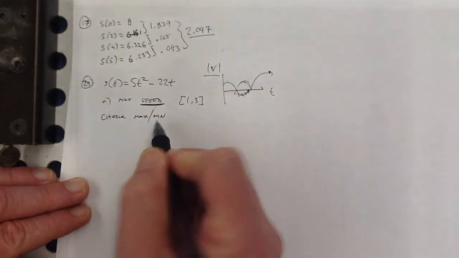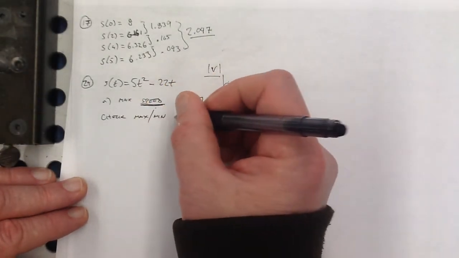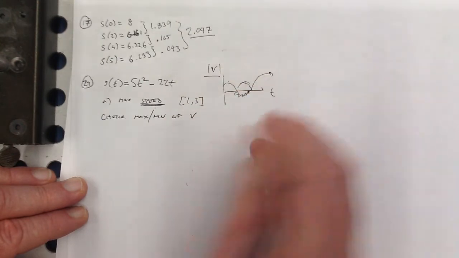Because if we get a minimum that's like a really big negative number, the speed is the absolute value of that, right? So we got to check the maximums and minimums of the velocity.